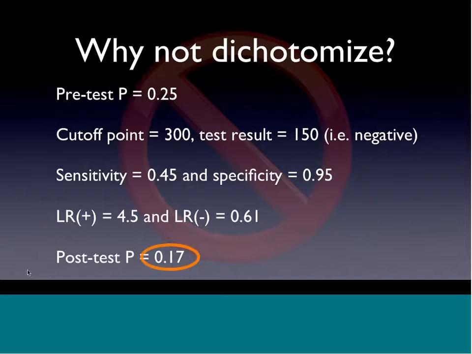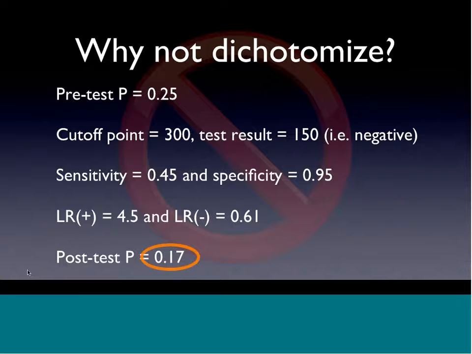So now thinking again, why not dichotomize test results? Let's go back and see the same patient. The pre-test probability is 25%. Let's say that instead of using a cutoff of 100 to call it positive, we opt for a cutoff of 300. The test result was still the same, 150.